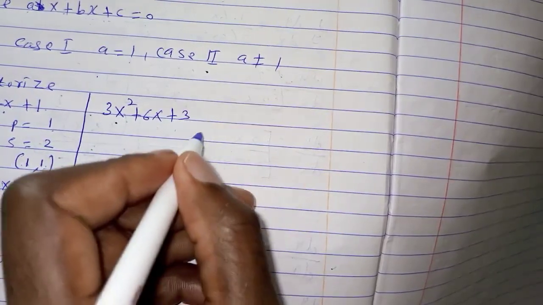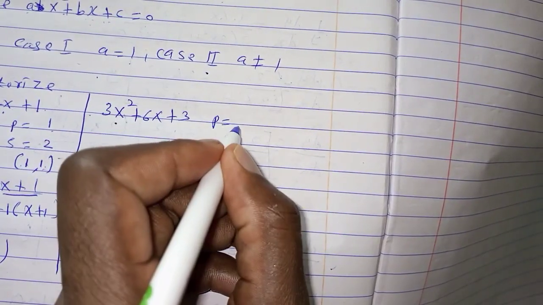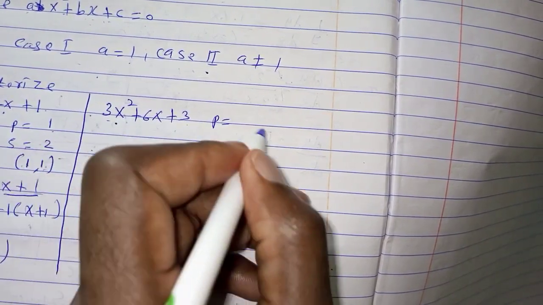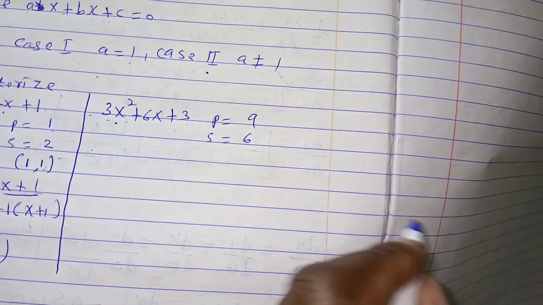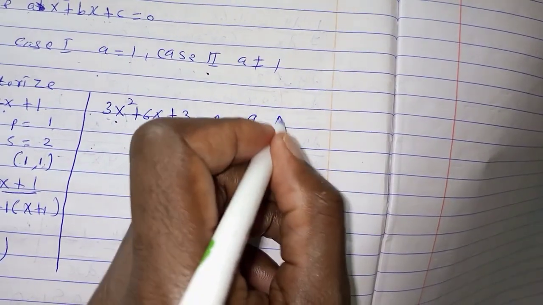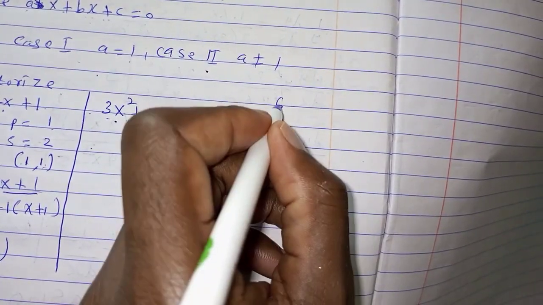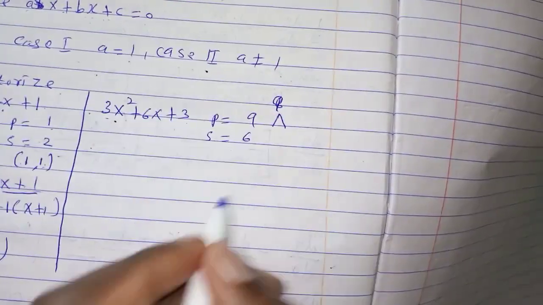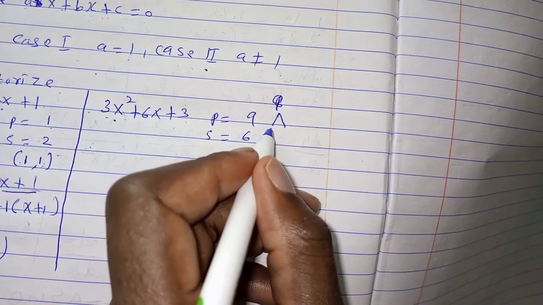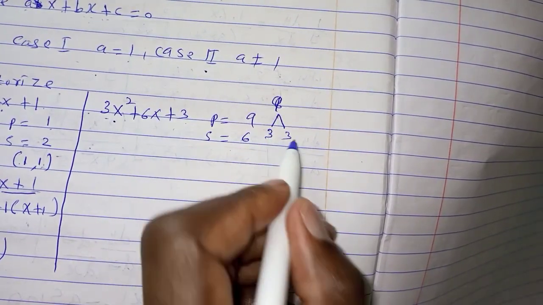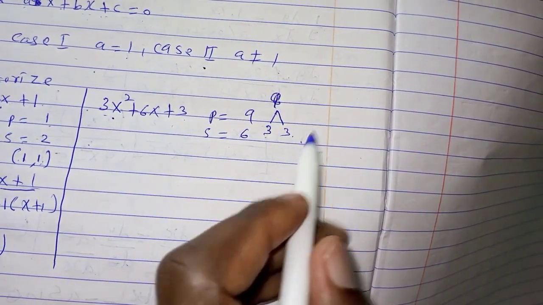In this case, our product is equal to 3 times 3, which is equal to 9. Our sum is equal to 6. So we find two numbers whereby when you multiply them, we get 9, and when we add them, we get 6. Our numbers are 3 and 3, because 3 times 3 is 9 and 3 plus 3 is 6.